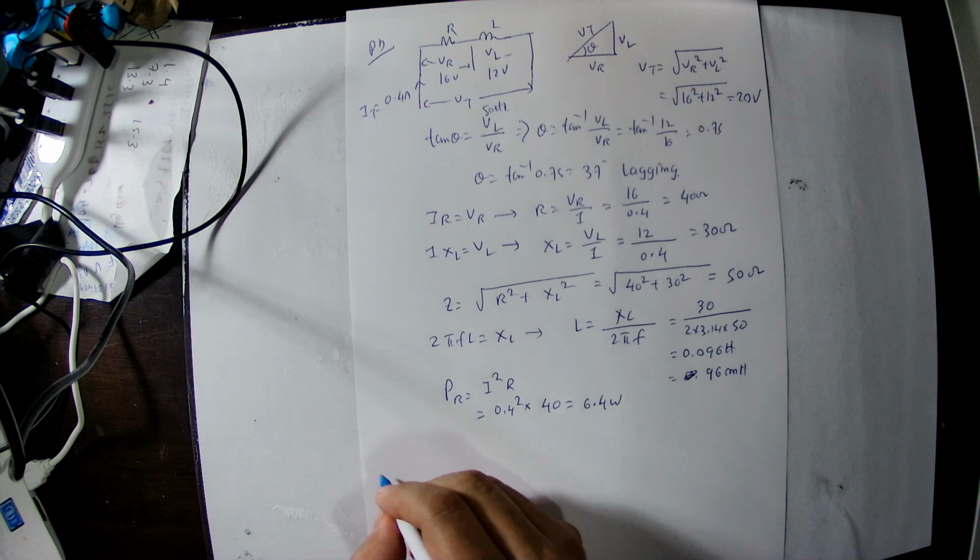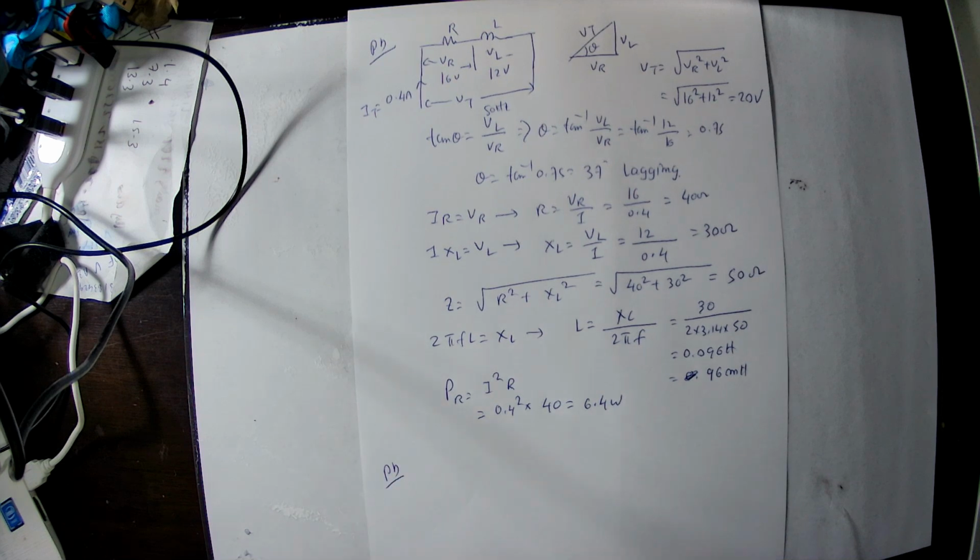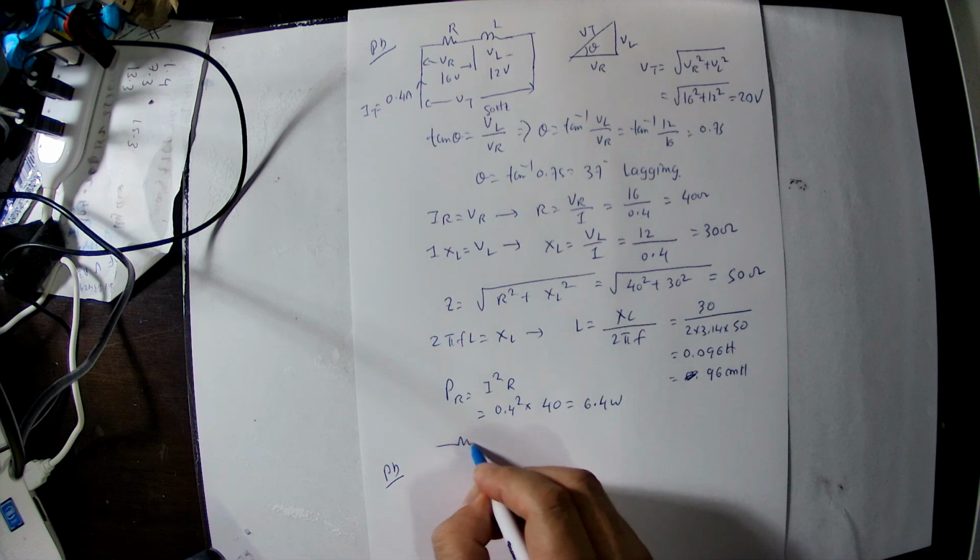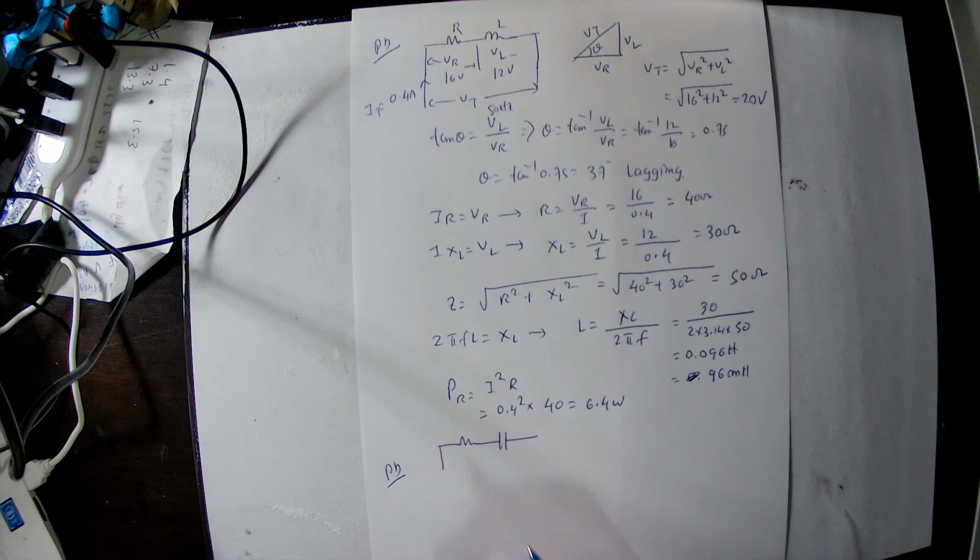In another problem, when connected to a 50 hertz supply, an 80 ohm resistor connected in series with a 33 microfarad capacitor, the current is 2 ampere. Find out the voltage applied to the circuit and the phase angle. So that will be the resistor and capacitor connected in series.